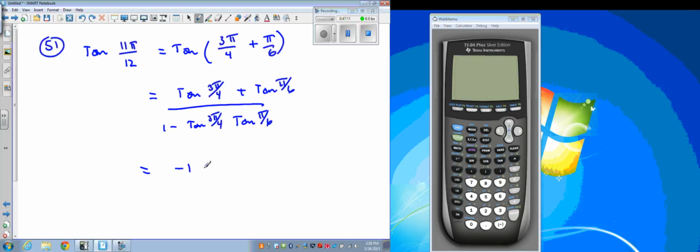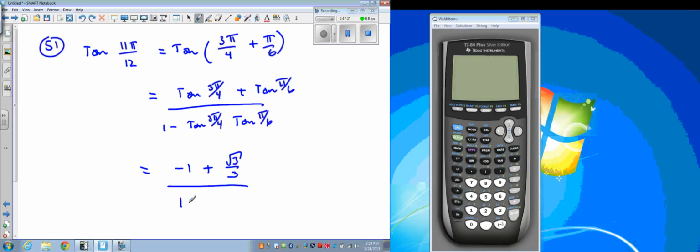Negative 1, right? Plus this thing is an old familiar one, isn't it? Square root of 3 over 3.